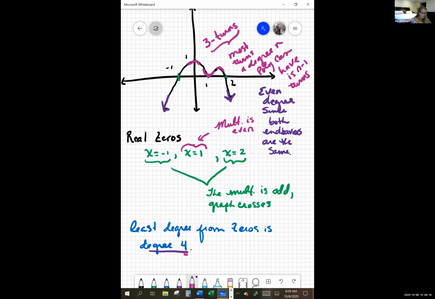Okay, so from there, state the least degree of the polynomial can have. And that's what we think. Because everything held true for our degree 4, the least degree polynomial we can have is degree 4.